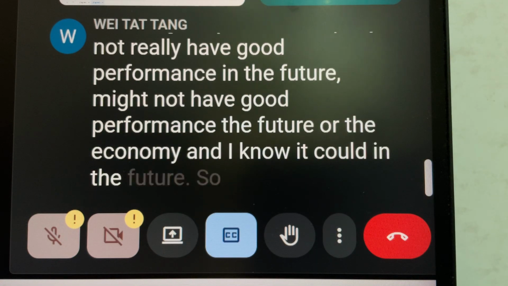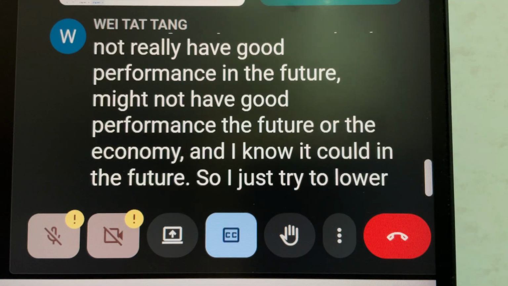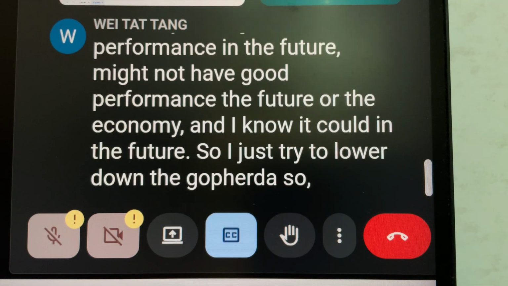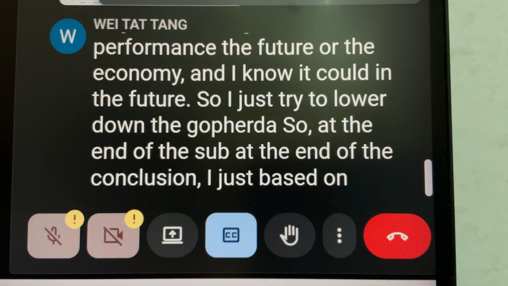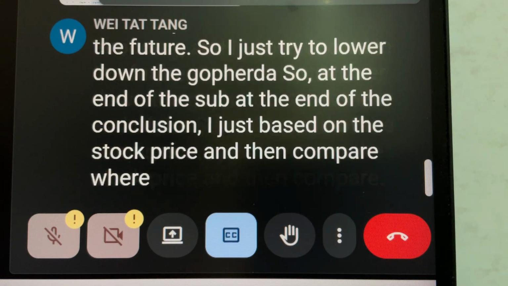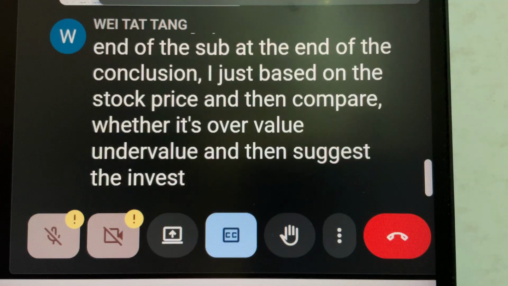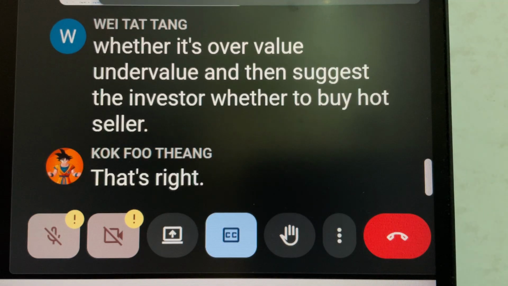So I just lower the growth rate. Exactly. So in the conclusion, I compare the stock price to whether it's overvalued or undervalued, and then suggest the investor whether to buy or sell. That's right. Okay, thank you, sir.